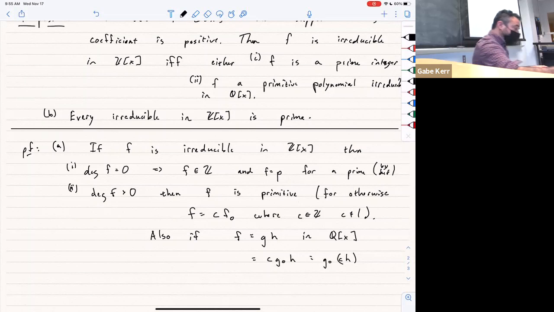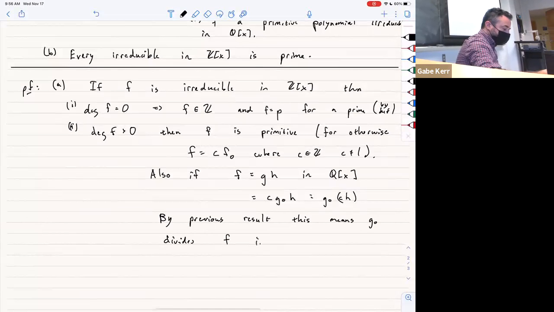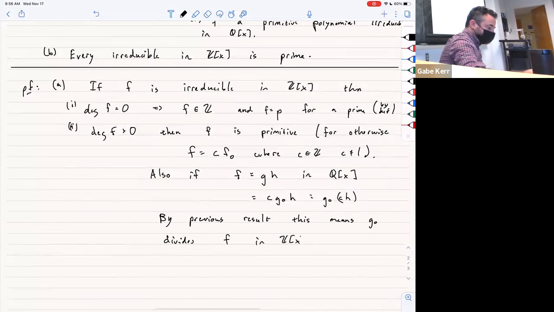We have, so in other words, we're saying by this result, g naught divides f in Z[x], but then that means they're associates.